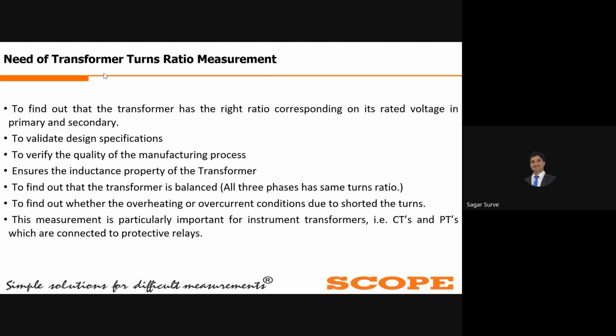This measurement is particularly important for instrument transformers also, that is CTs and PTs, because the major purpose of CTs and PTs is to step down high voltages or high currents for measurement purposes, and they are connected to the relays for protection also. That's why measurement of the ratio of the instrument transformer is also an important task.